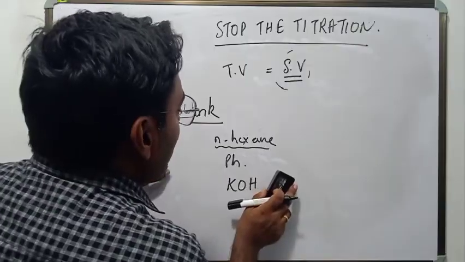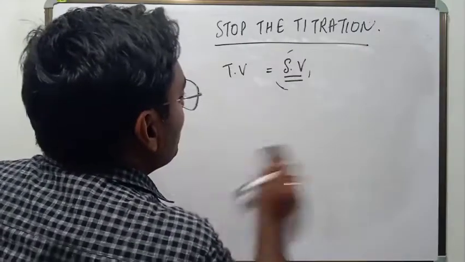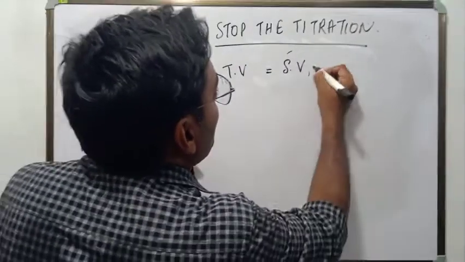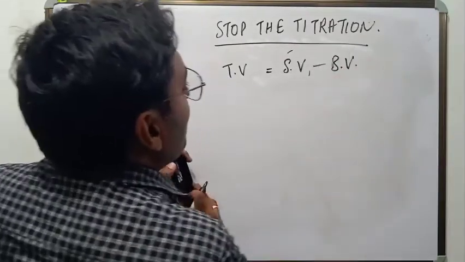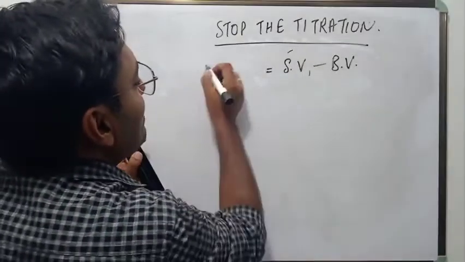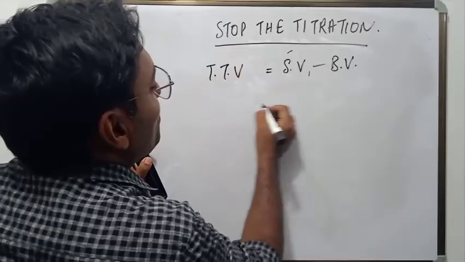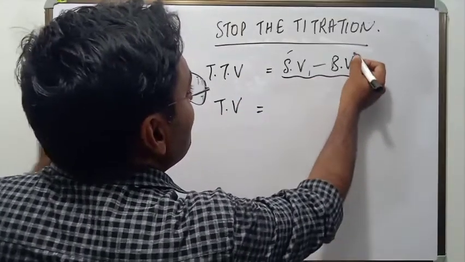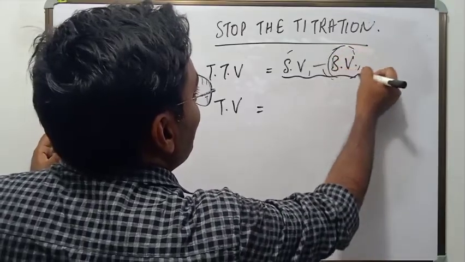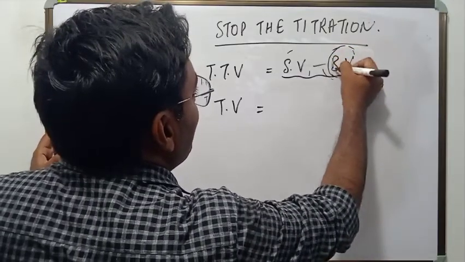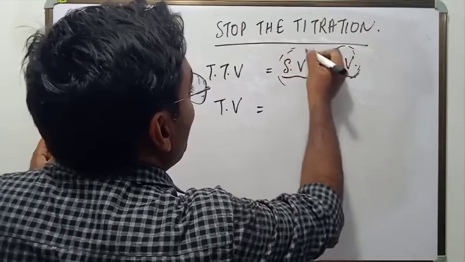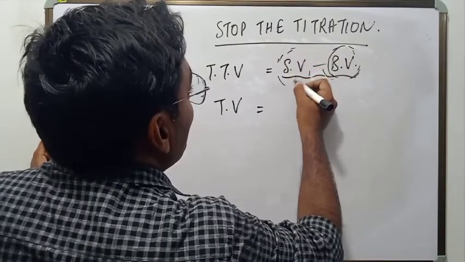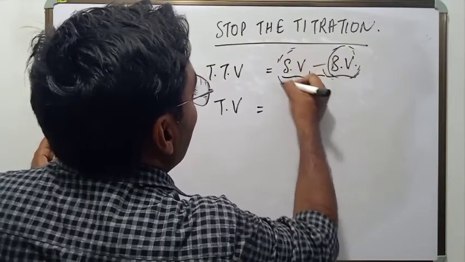So that has to be subtracted from the sample value, right? That way we will get the true titer value. The real titer value will be sample value minus blank value. The blank is owing to N-hexane that has been used as a solvent, and the sample value is owing to N-hexane plus your sample, that is oil.